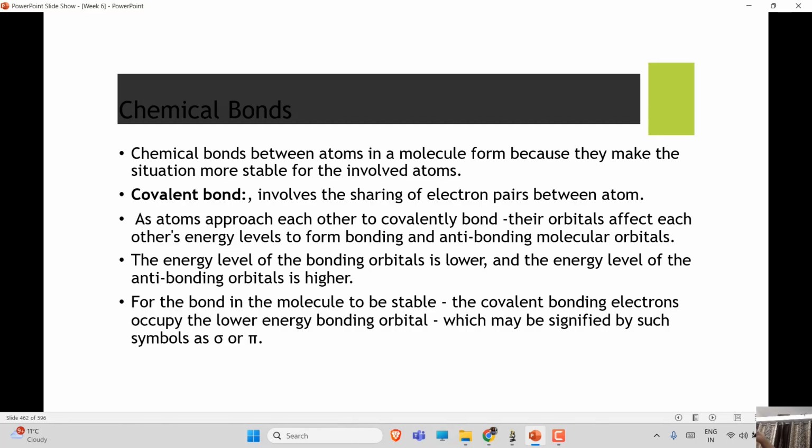The energy level of the bonding orbitals is lower and the energy level of the anti-bonding orbitals is higher. For the bond in the molecule to be stable, the covalent bonding electrons occupy the lower energy bonding orbital, right? Which may be signified by such symbols as pi or sigma.